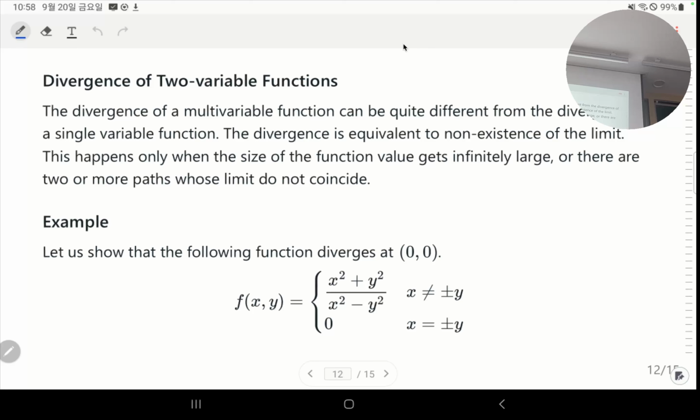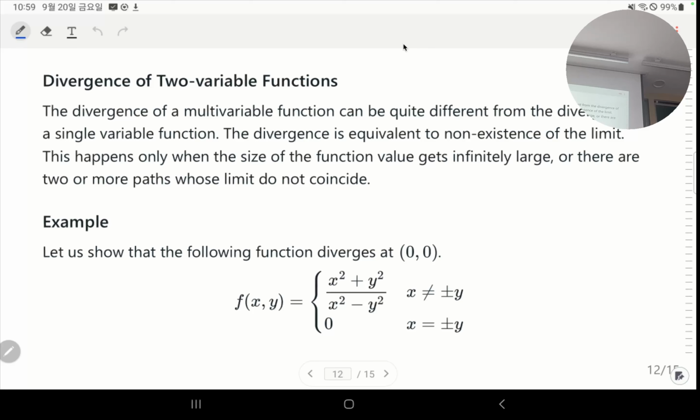Now, it's interesting to see that when you have a single variable function, you have divergence. There are three types of divergence. Simply, divergence is non-convergence, okay?